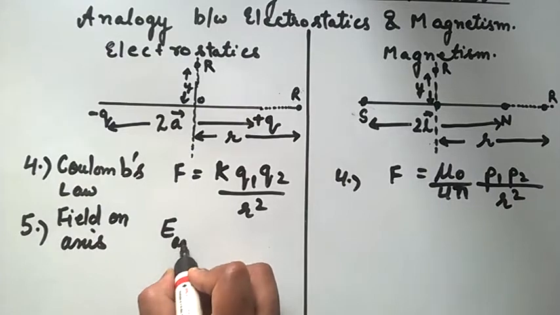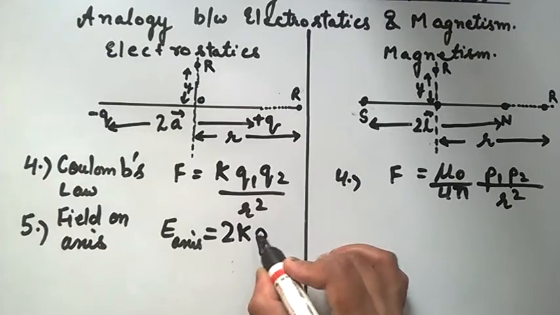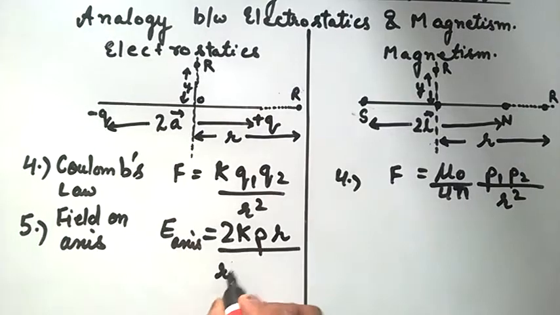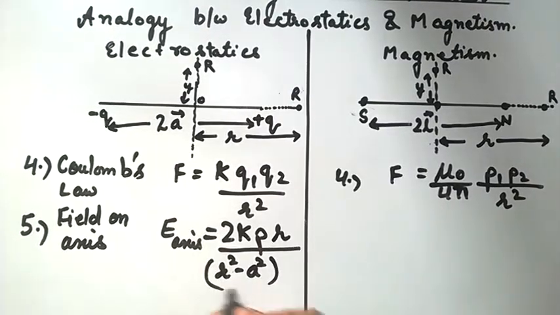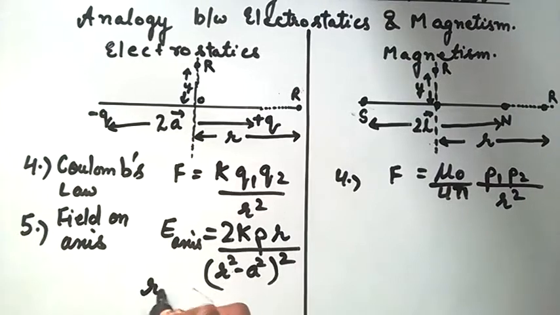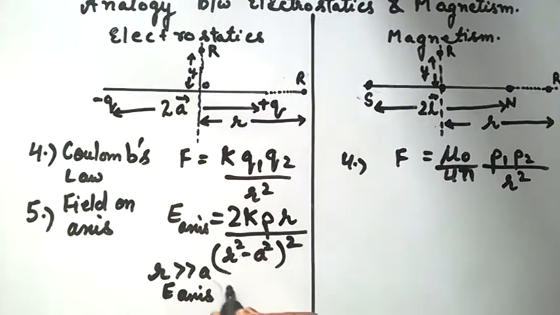Electric field is given as 2 k into dipole moment p times r by r square minus a square whole square. And when a is very small as compared to r, or r is very large, then a can be neglected and E axis is equal to 2kp by r cube.